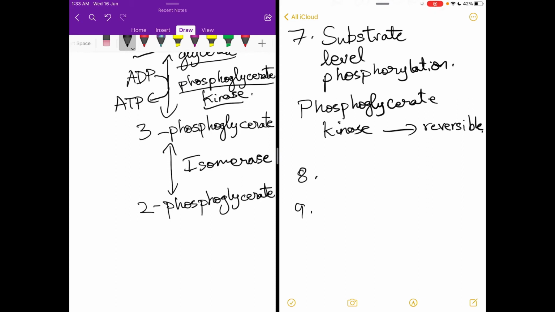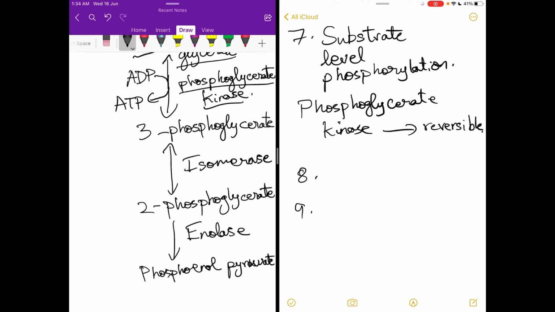So in this step, this 2-phosphoglycerate is being converted to phosphoenol pyruvate. So again, this is also a high energy yielding molecule. So you will see how. Now this reaction is made possible by the enzyme enolase.